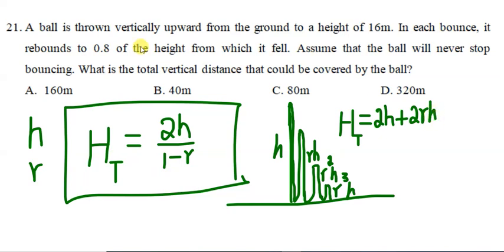Our r in this case is 0.8, plus the next one is 2 times r squared times h, and so on, plus, let us stop here, plus, and infinitely, let it continue like that.